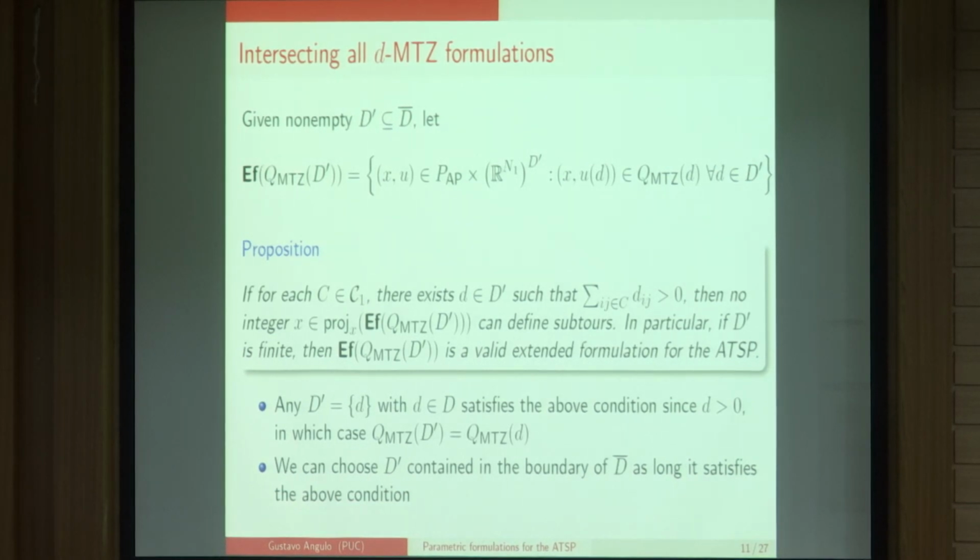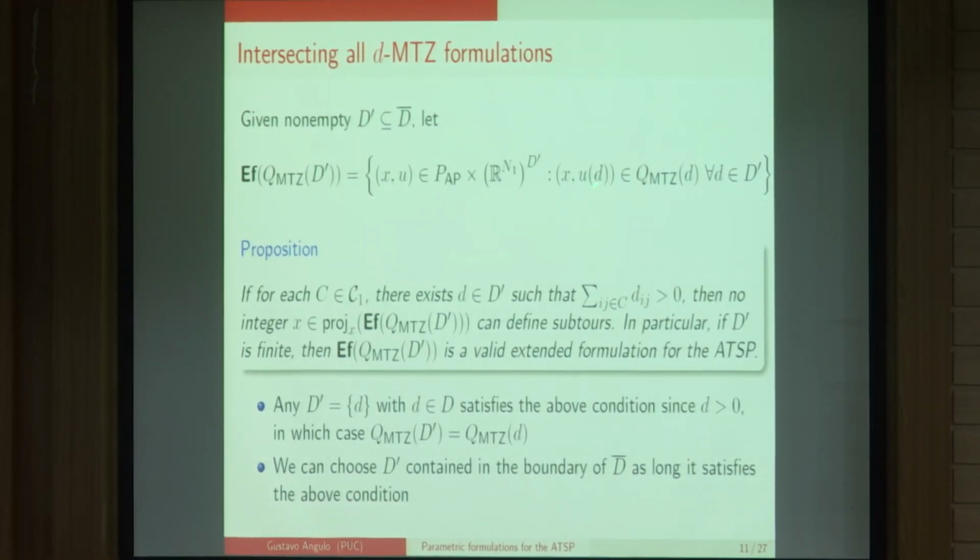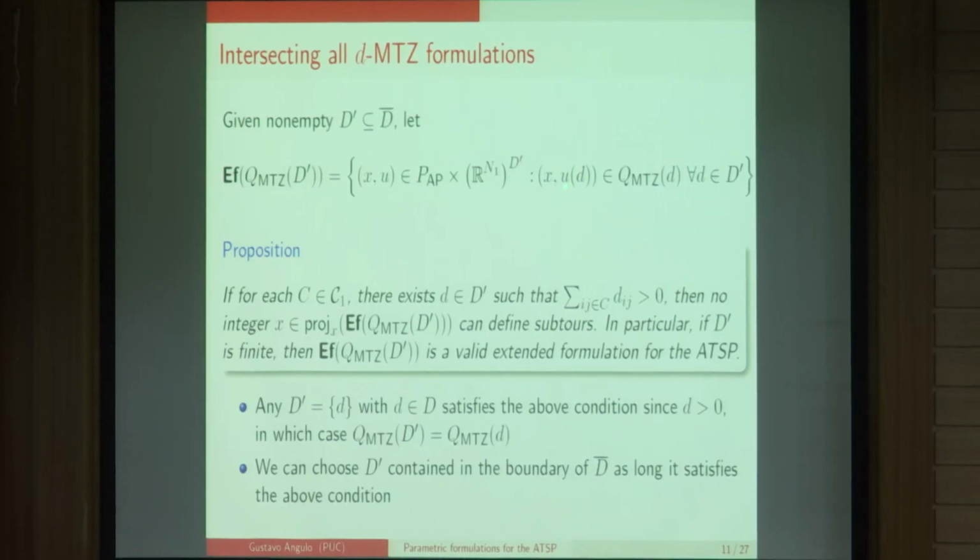But notice here, and this is very important, that we will need one different vector U for every choice of D. Okay, so say that in D prime we have K vectors, D1 up to Dk, then we'll need to have variables u1 to uk.